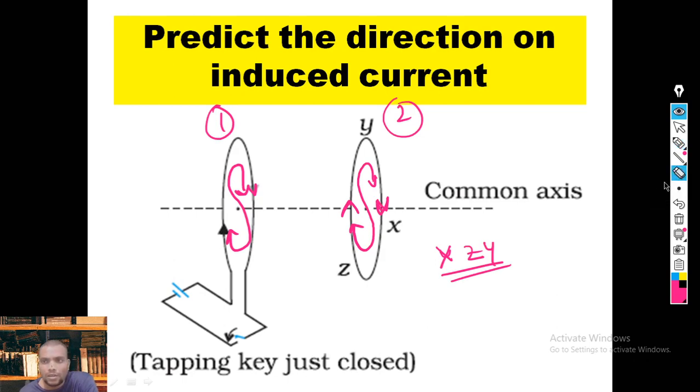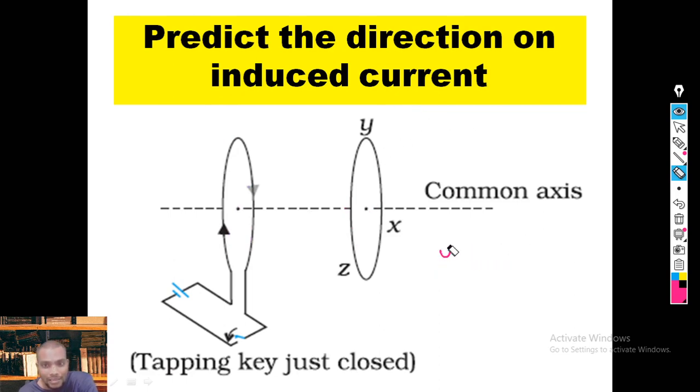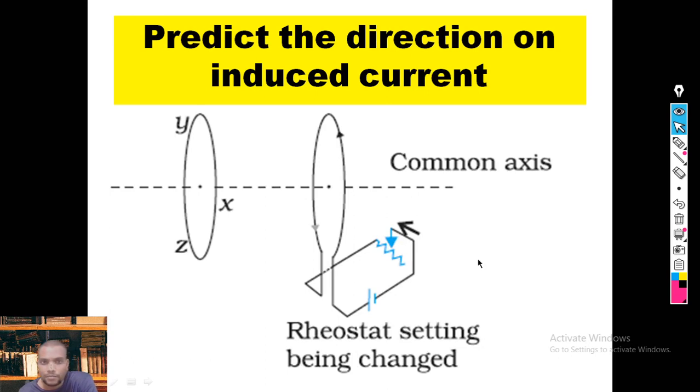So the induced current always opposes the original magnetic field. That's the way we need to apply it here. Try to analyze more, then you can get better knowledge.